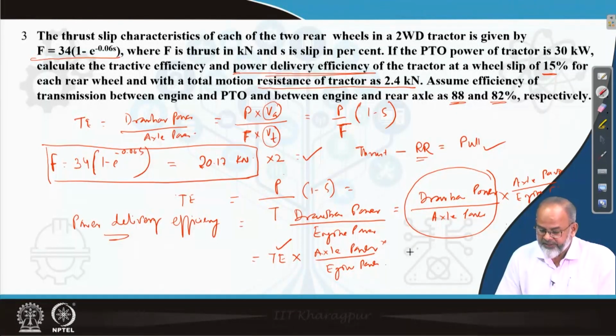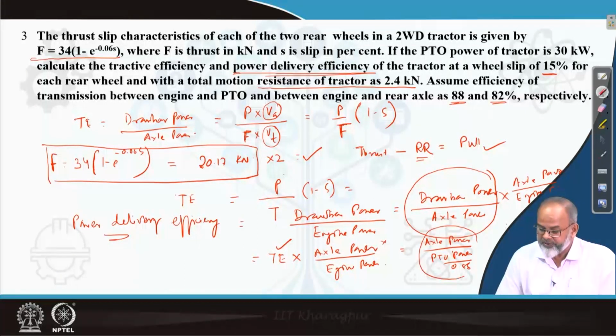So, axle power divided by engine power is nothing but your PTO power divided by transmission efficiency, which is given as 0.88. That will give you engine power. Now, engine power to axle power is given as 0.82.